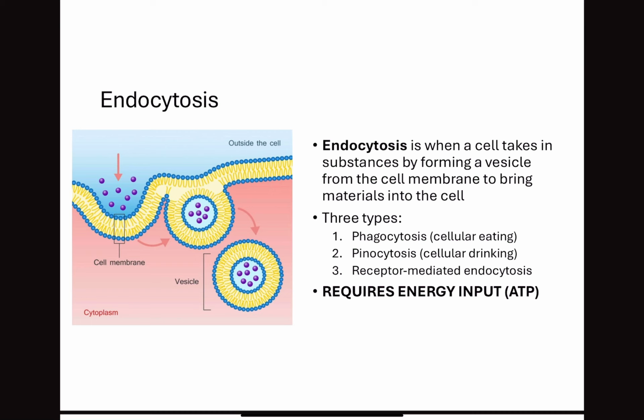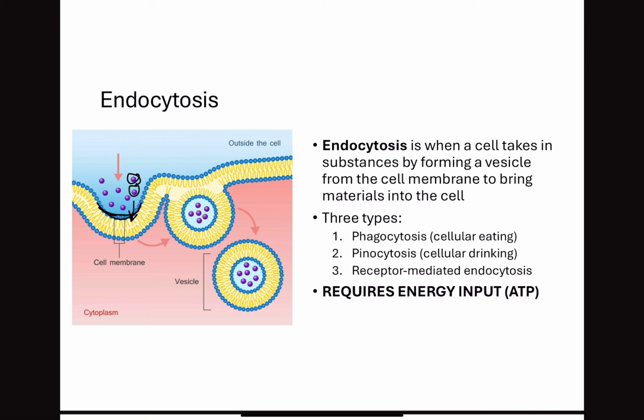So during endocytosis, what we have is molecules like the ones that we see here, and a cell is going to bring in these molecules and particulate matter by forming new vesicles from the plasma membrane. So here we have this small area of the plasma membrane that starts to sink down.